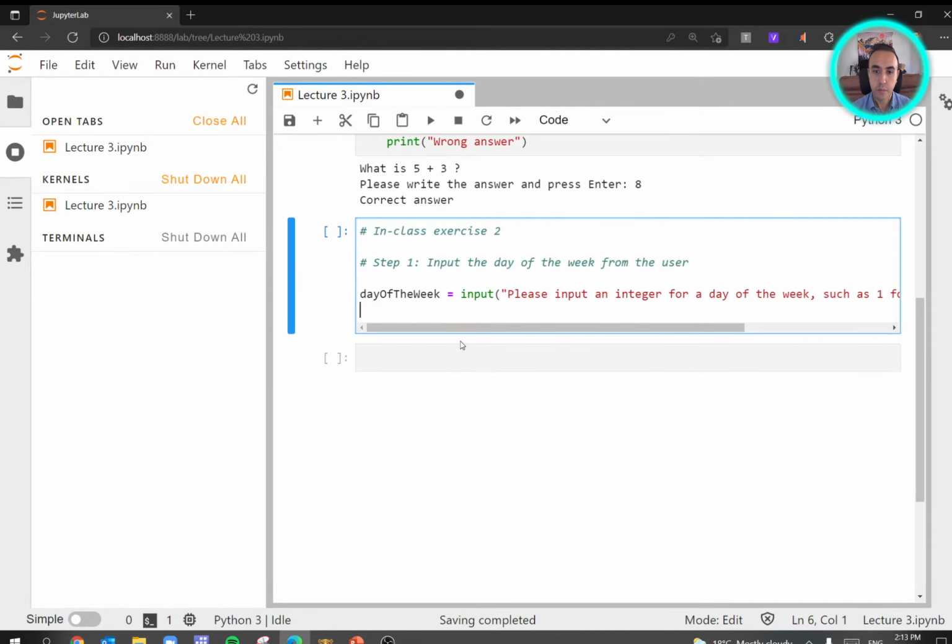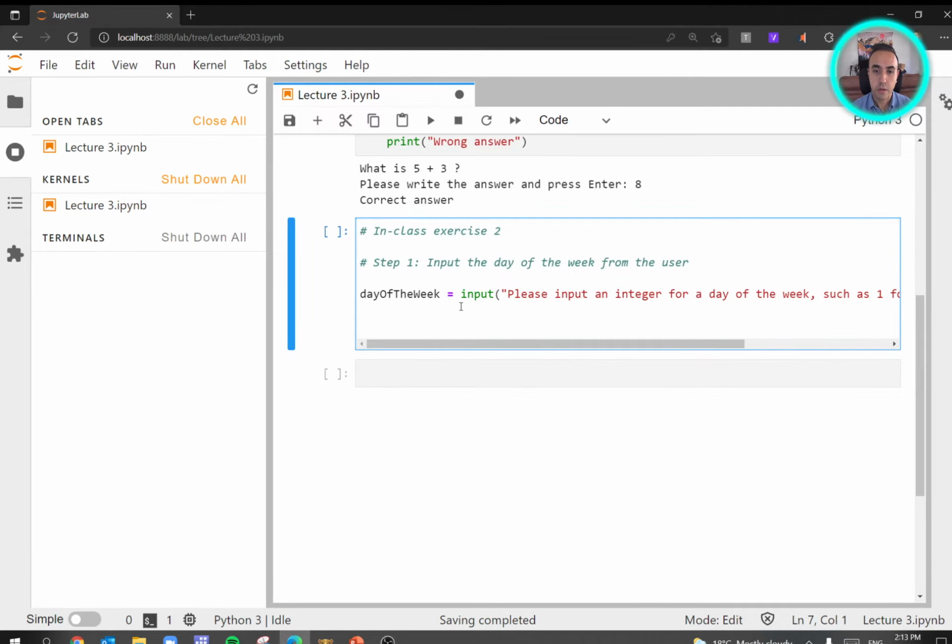Okay. And then I'll convert this to an integer.